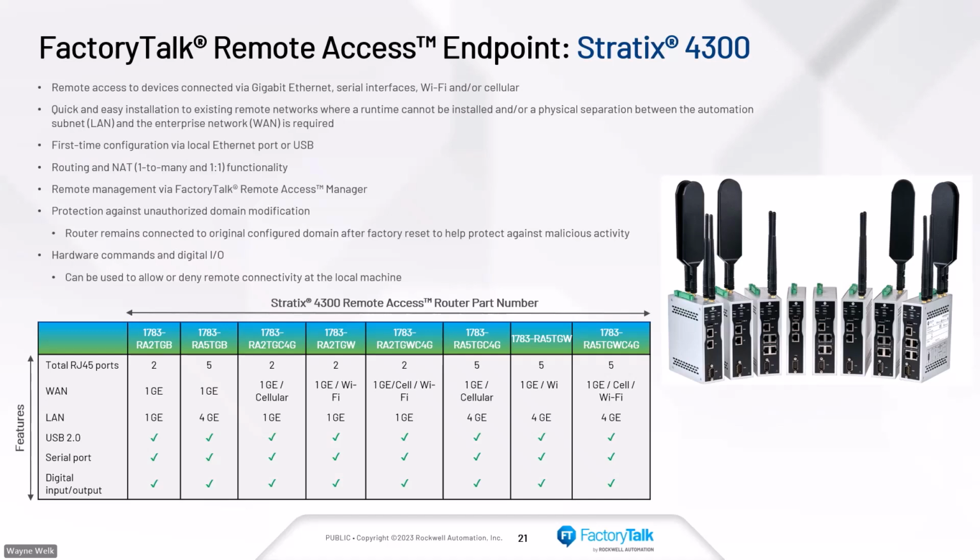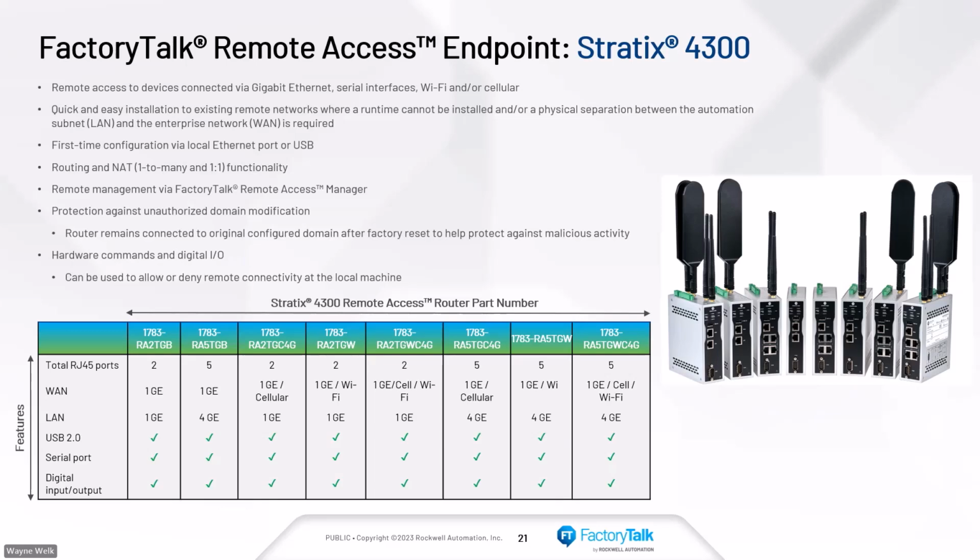Installation is quick and easy into an existing remote network where a runtime cannot be installed, or for where network separation is required. And we have protections against unauthorized domain modification. So whenever a FactoryTalk router is reset, the router retains its original connection to the domain.